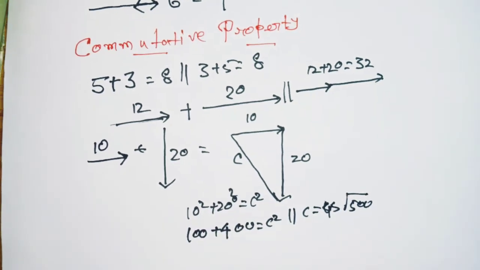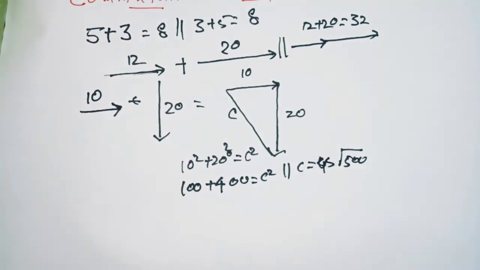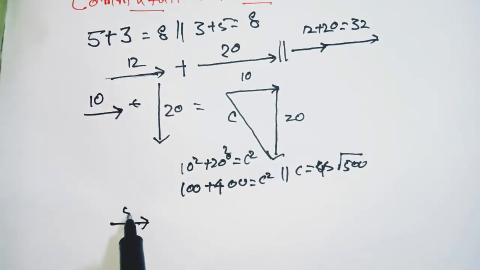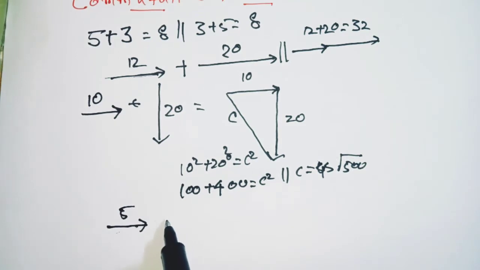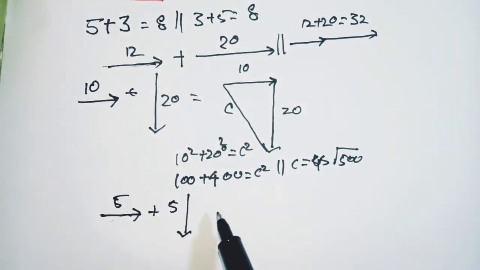Now, why I'm showing you this part is that I will draw another analogy, which is something like this. The vector is pointing towards this direction, which is 5, and I'm adding another vector going towards this direction. Both of them are the same, right?